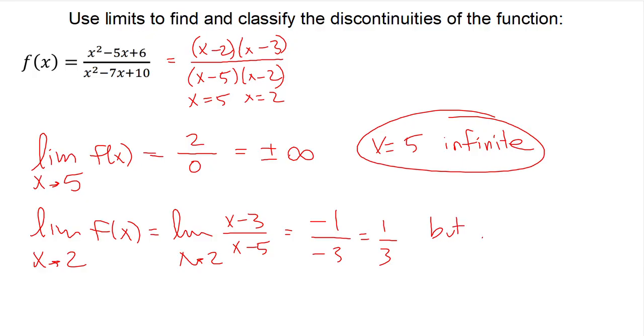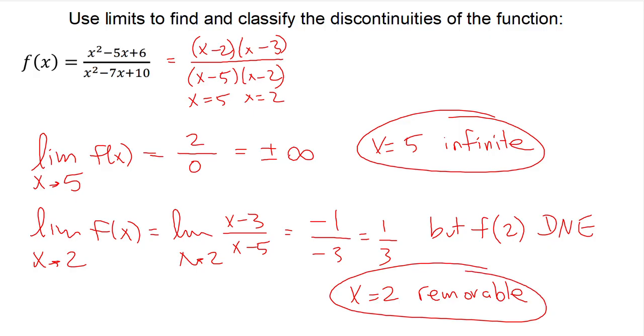But we know that f of 2 does not exist. And so if the function doesn't exist, but the limit does exist, we know we have a removable discontinuity. So we have infinite at x equals 5 and removable at x equals 2.